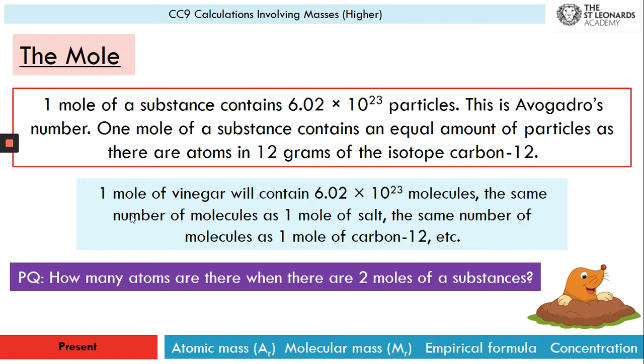So on a periodic table, the atomic mass, so for example, let's say oxygen, the atomic mass of oxygen is 16. If I have 1 mole of oxygen, it will weigh 16 grams. Or if I have 1 mole of the molecule oxygen, so O2, then that means it will weigh 32 grams.